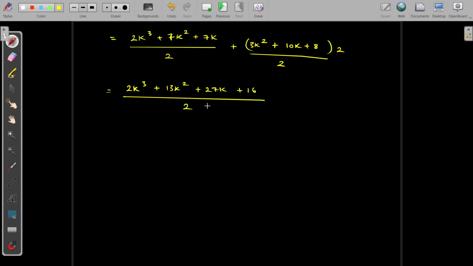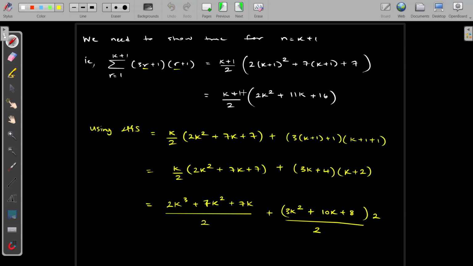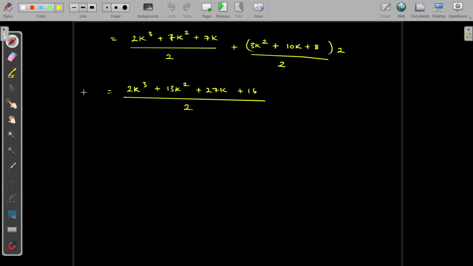So I'm guessing k plus 1 might be a factor. Let's see. So when k is equal to negative 1, this is negative 2 plus 13 minus 27 plus 16, 20 minus. Okay, so k plus 1 is a factor.